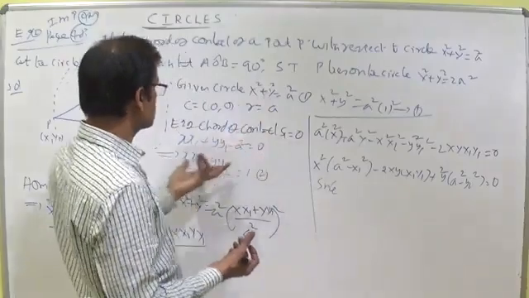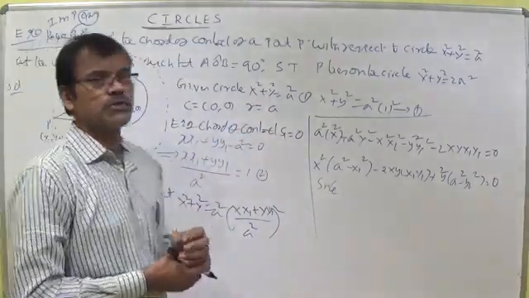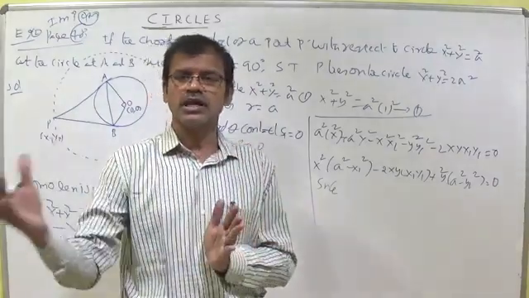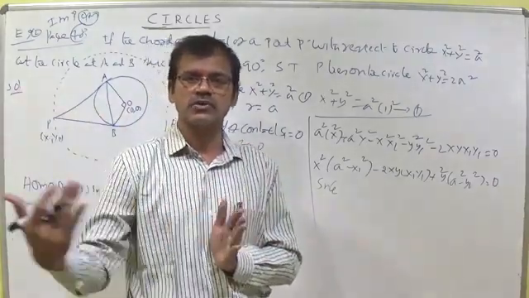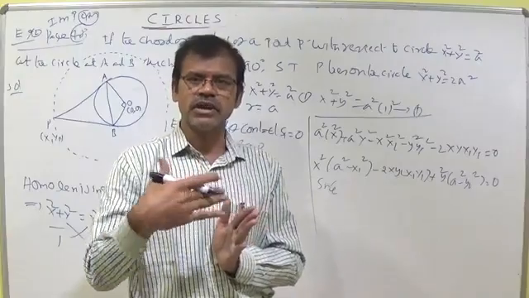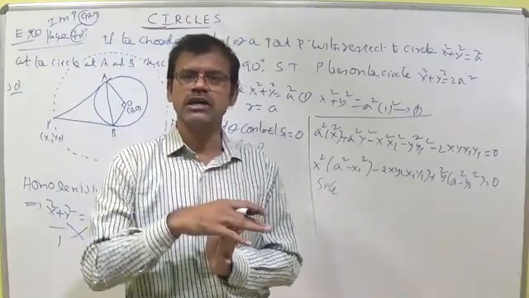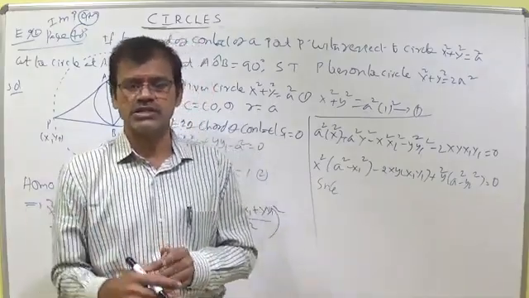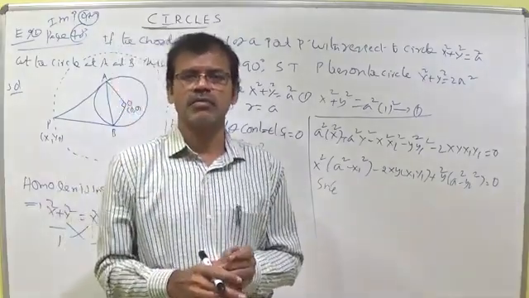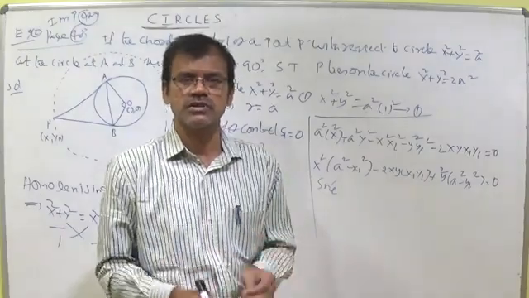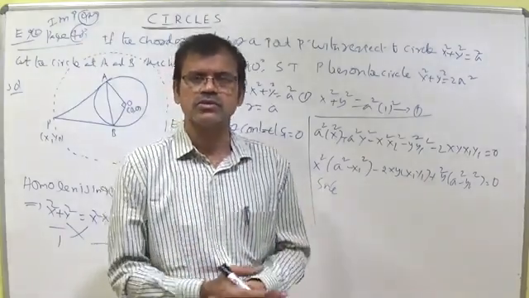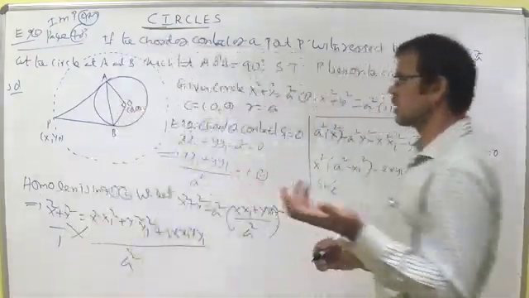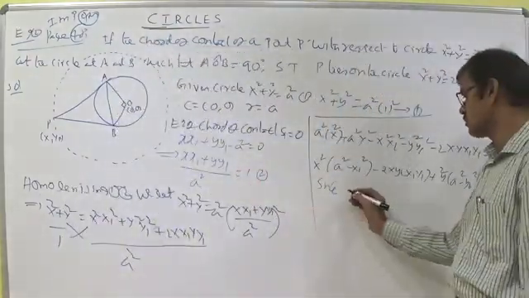If the equation is in the form of ax square plus 2hxy plus by square plus 2gx plus 2fy plus c equal to 0 as a pair of lines, and another line lx plus my plus n equal to 0 intersects it, then when we homogenize, the coefficients of x, y and the constant vanish, and you get the form ax square plus 2hxy plus by square equal to 0, because it should pass through 0 comma 0. In that manner, coefficient of x square plus coefficient of y square equal to 0.